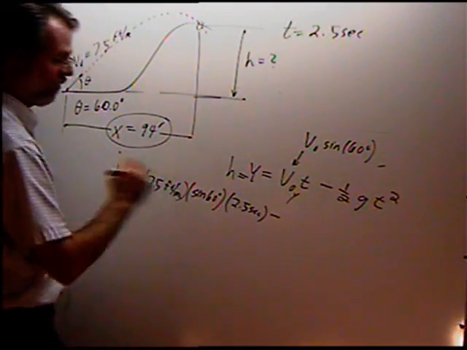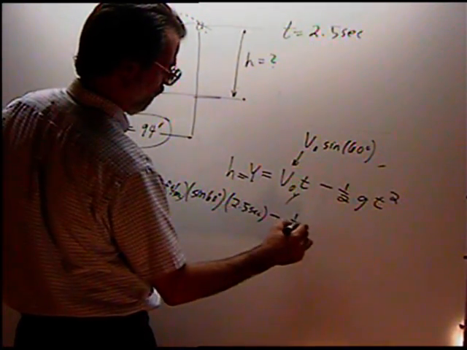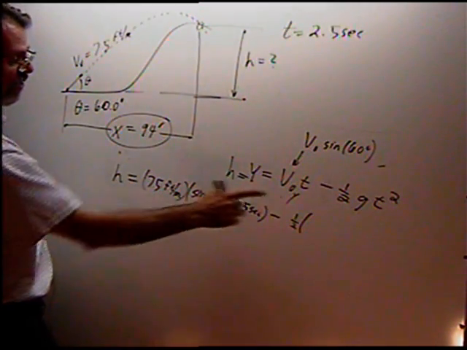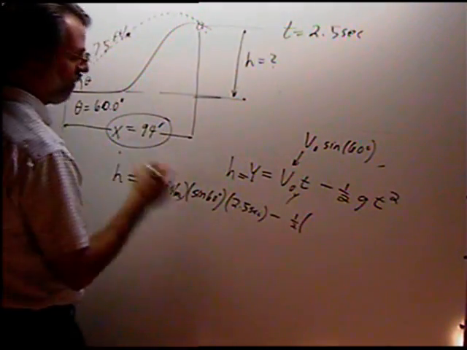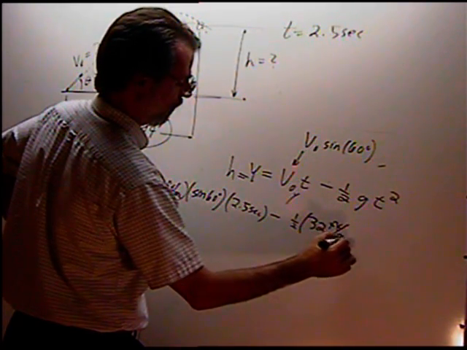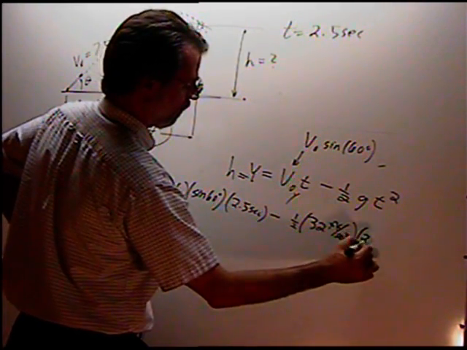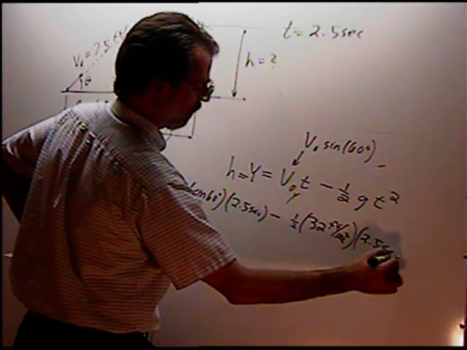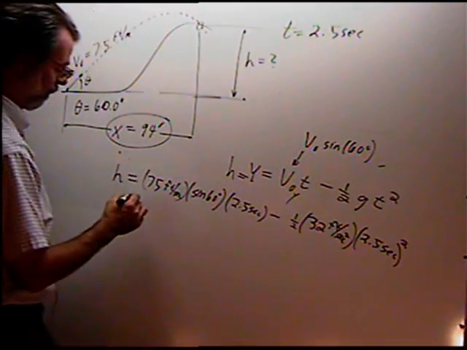And we have to subtract now 1/2. g is, in English units, 32 feet per second squared times 2.5 seconds squared.